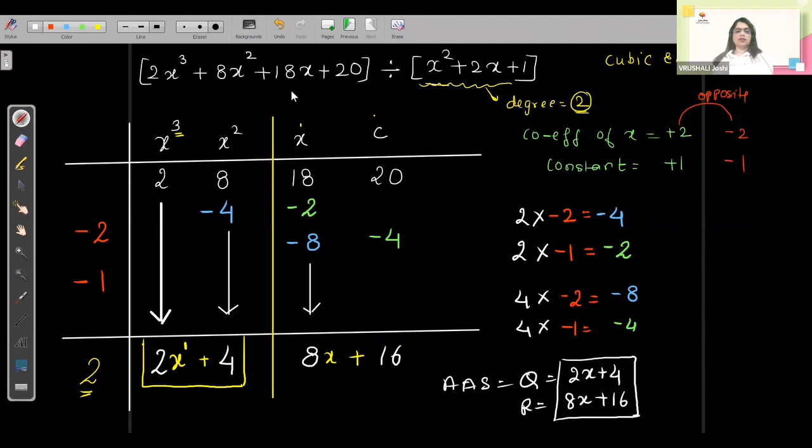Let's take one cubic equation here and let's figure out how to do this. So let's take x cube plus 7x square plus 6x plus 5 divided by, we can write division like this also.